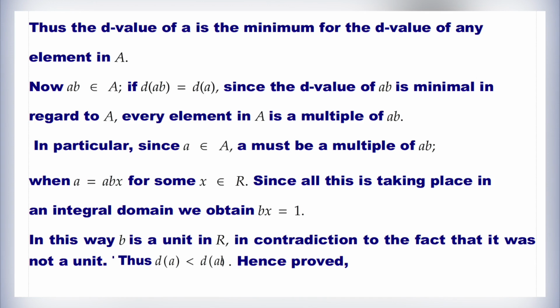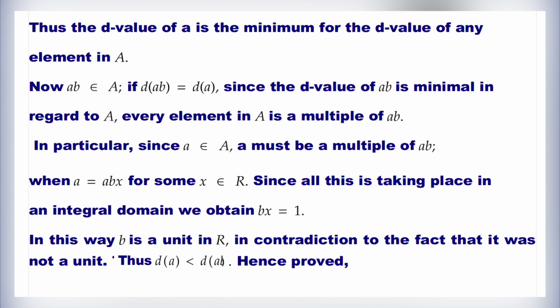Now AB belongs to the ideal if d(AB) = d(A). Since the d value of AB is minimal in regard to the ideal, every element in the ideal is a multiple of AB. In particular, since A in the ideal must be a multiple of AB, we get A = AB·x for some x in R. Since all this is taking place in an integral domain, we obtain that Bx = 1.